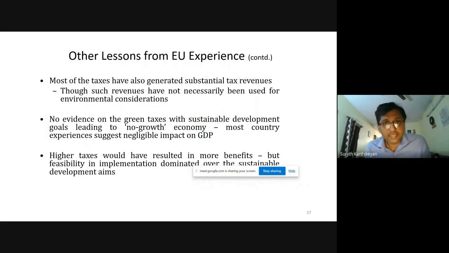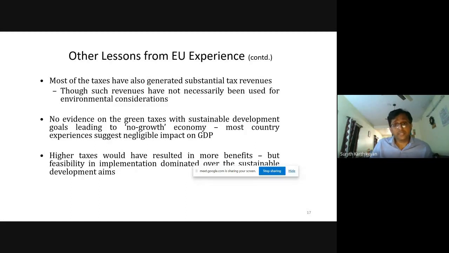Another lesson is that most of the taxes also generated substantial tax revenues. So much revenue was collected through eco tax. There is no evidence that the tax was used for environmentally friendly activity, but they could collect substantial revenues.